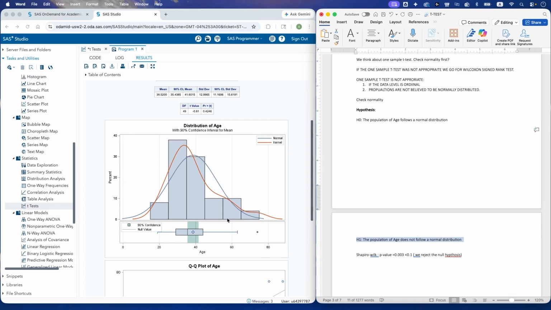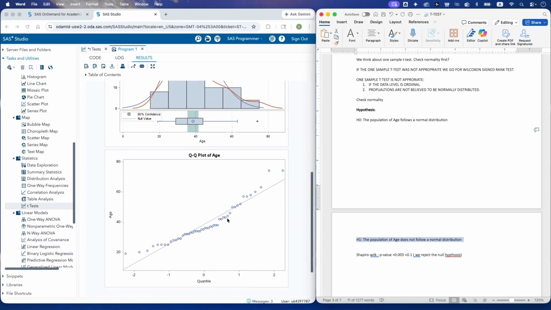Also the QQ plot, we have deviations from both tails. This is not very close to the diagonal. I mean, all of them tell the same story. The histogram, we have the red kernel curve and the blue normal curve. They diverge. They are not very close. And as you said, it's a clear deviation for the QQ plot.